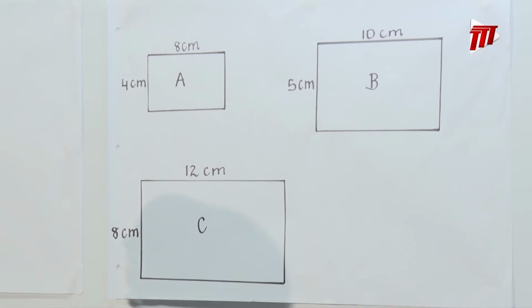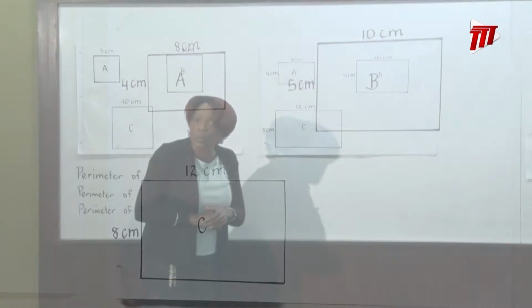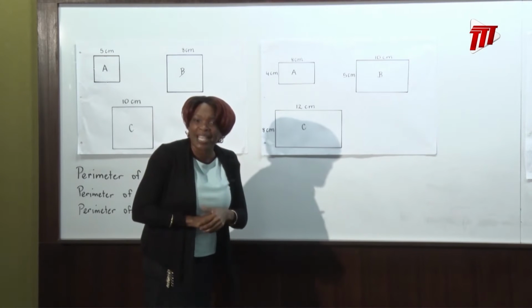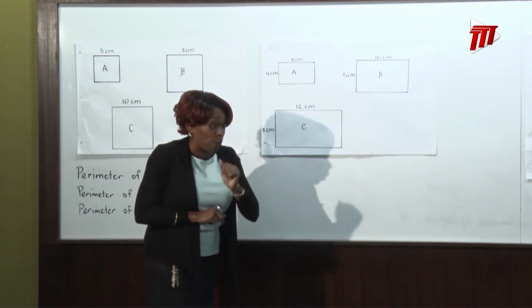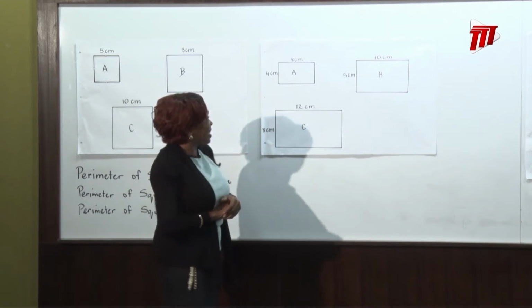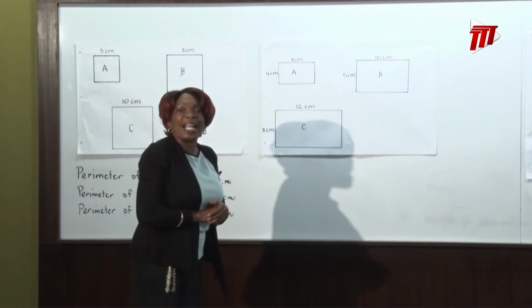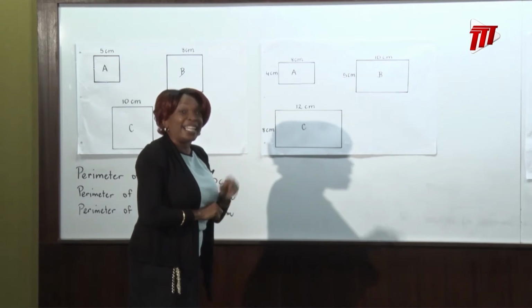What did you do to get the perimeter? What did you do? Did you add up all the sides? I hope you did, because you would be right. Let's look at the perimeter of rectangle A, and let's see what we get.